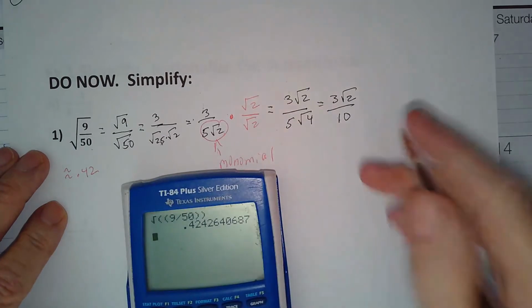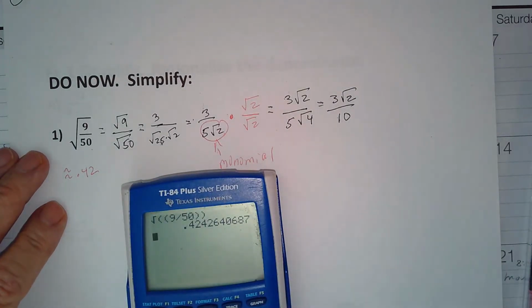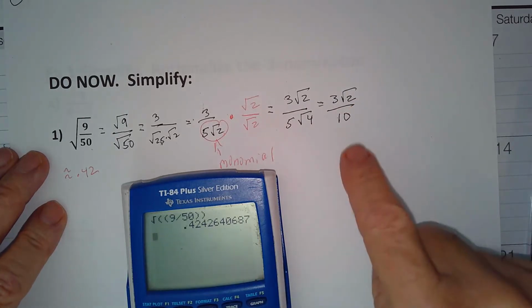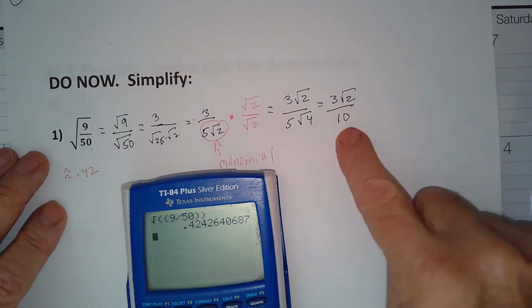Now if I take this number over here and do the same thing, let's see what we get. This is set up a little differently. We'll just start with a new one. We're going to do 3 square root of 2, so we don't have to start with a radical. But I want to put this all in parentheses because I'm going to divide it by 10.